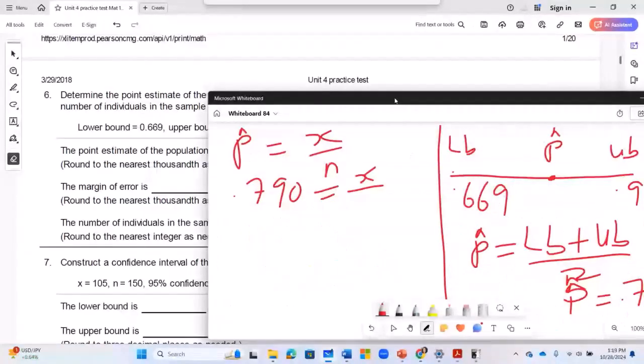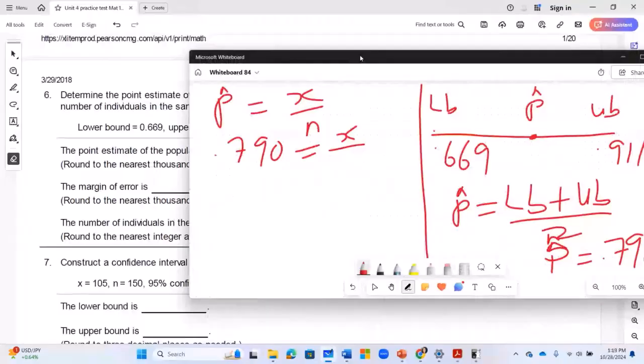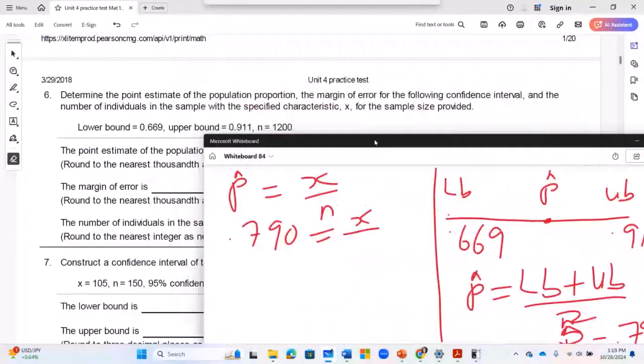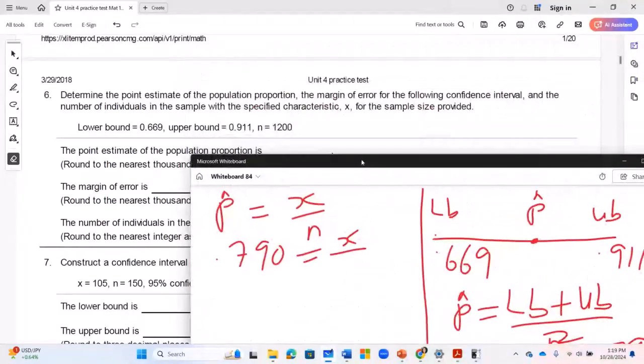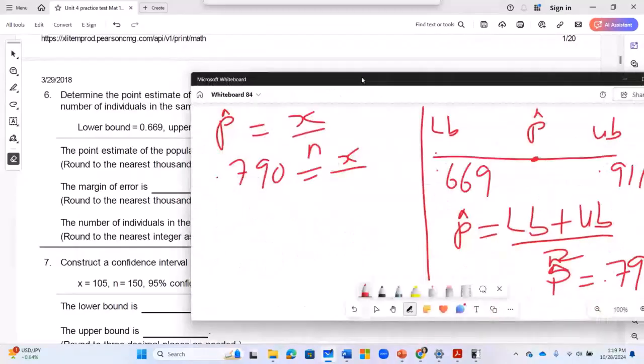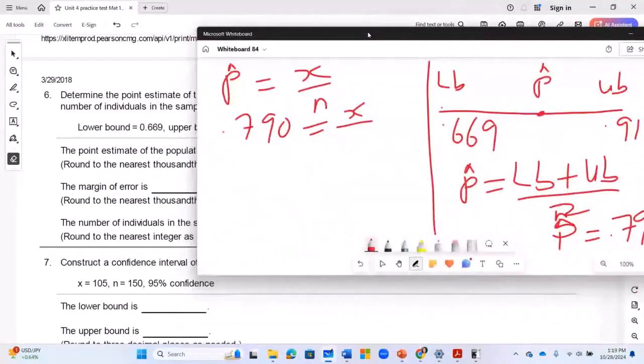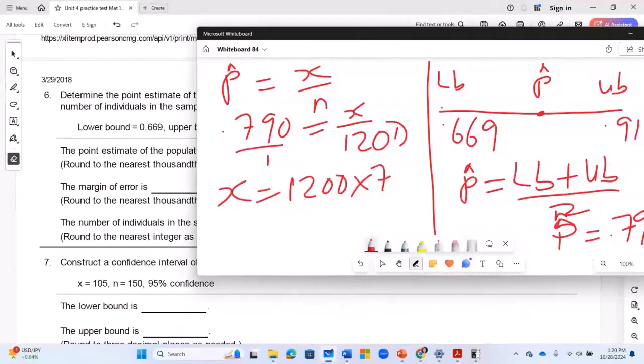I already know n, they give me 1200. So n is 1200. I will just solve the proportion. If I solve the proportion, I see that x is equal to 1200 multiplied by 0.790.